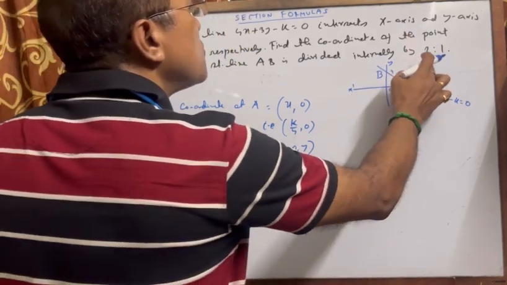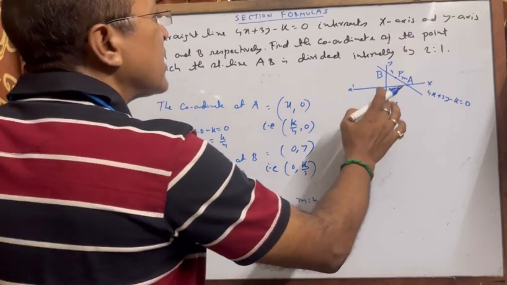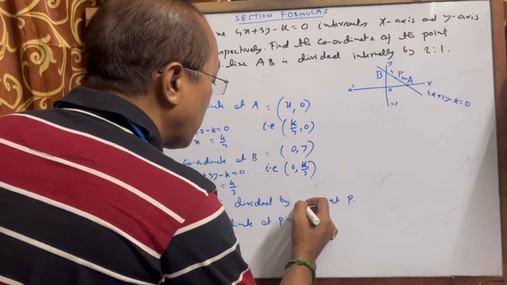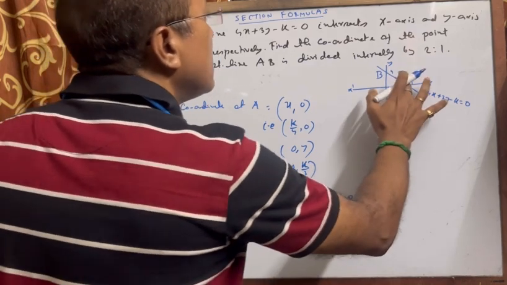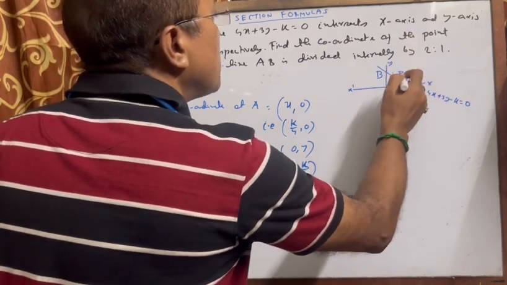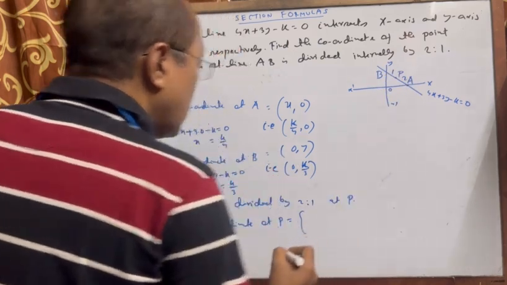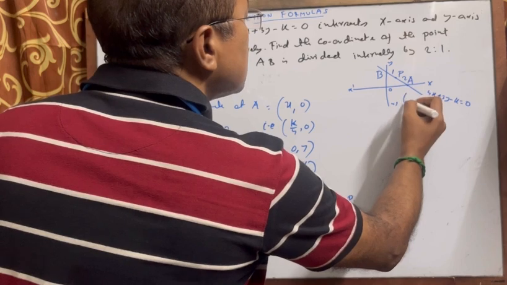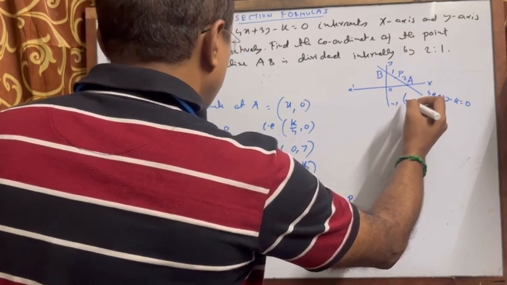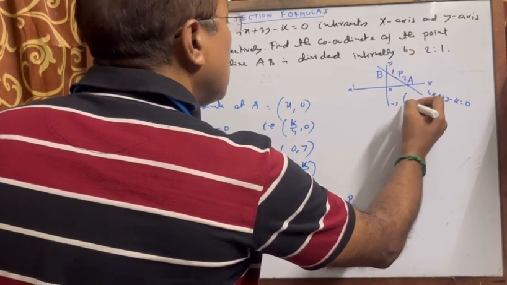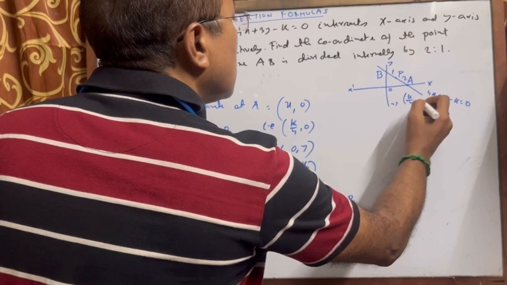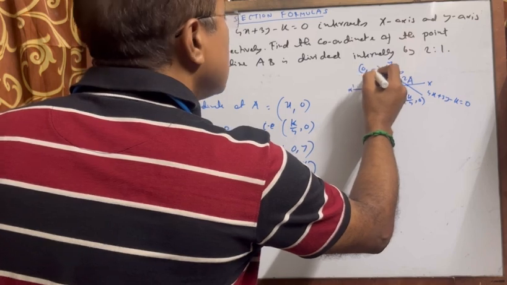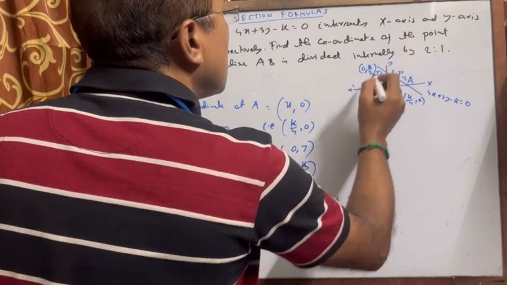Here m is to n means 2 is to 1, so we can replace m is to n by 2 is to 1. The coordinates are k by 4, 0 and 0 comma k by 3.